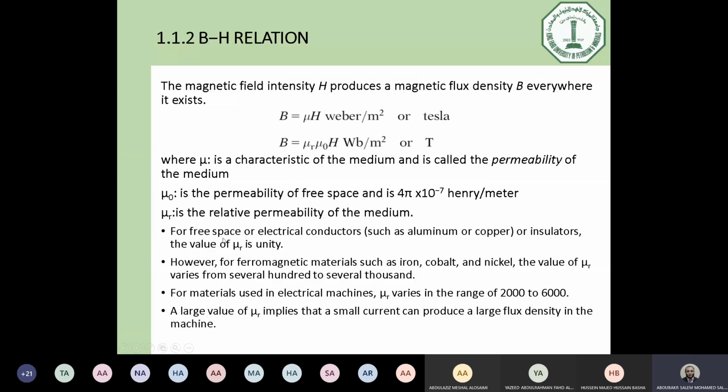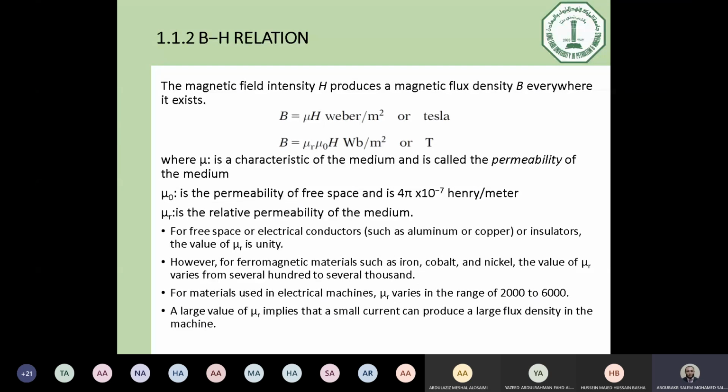For instance, electrical conductors made of aluminum or copper are very close to free space because they are not magnetic materials. However, ferromagnetic materials like iron, cobalt, and nickel all have high permeability. For instance, mu r used in electrical machines needs a magnetic material in the range of 2000 to 6000.